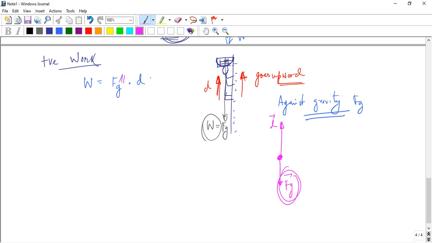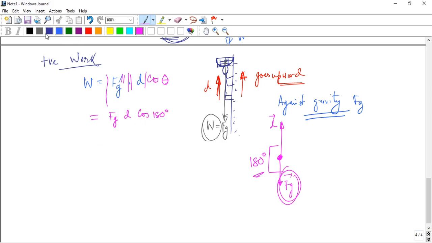So that is Fg, the magnitude, times d, times cos theta. Theta is 180 degrees. So we get Fg d cos 180 degrees.